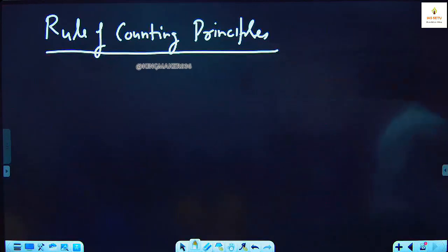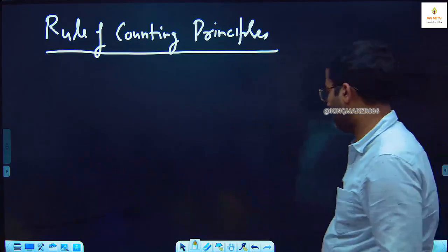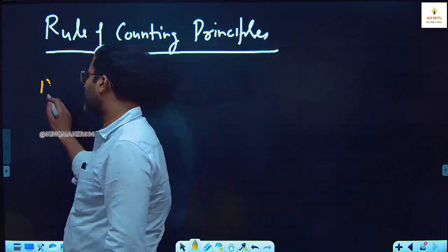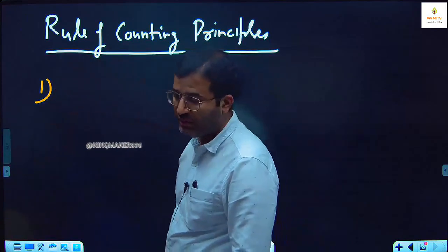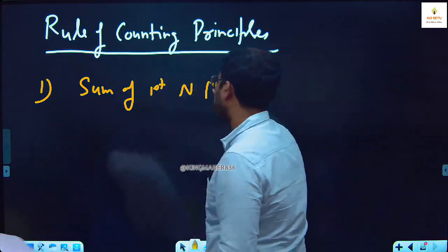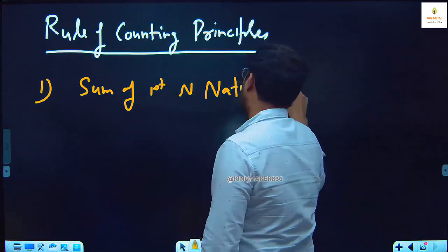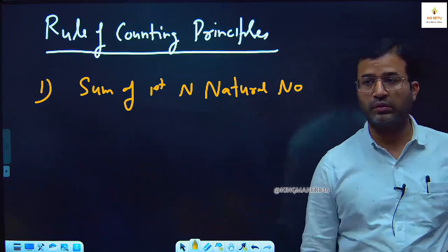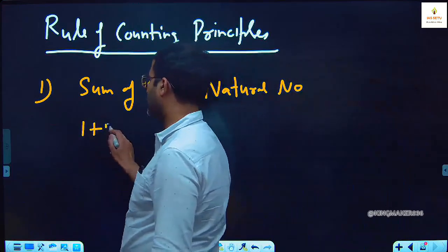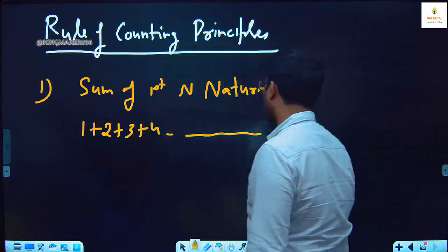Rule of counting principle. First rule: you write the sum of first n natural numbers, meaning 1 plus 2 plus 3 plus 4 up to n.